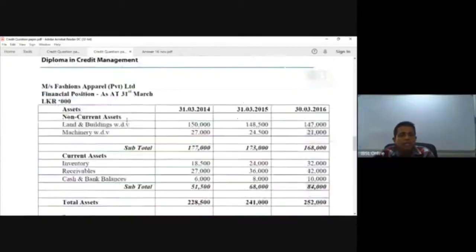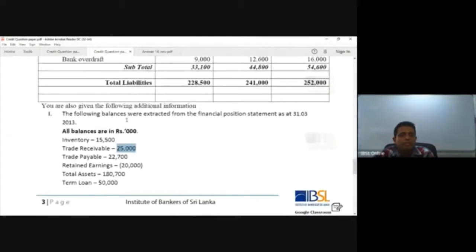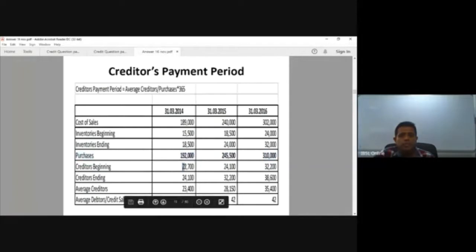Under note number 1, the creditors beginning figure is given. That is the ending figure of 2013, trade payable, 22,700. I took that figure here.